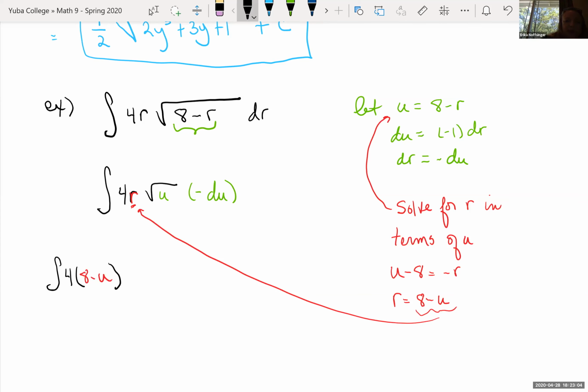Okay, so let's rewrite that square root of u as u to the 1/2 power times negative du. So I don't like that negative with the du, so let's pull that negative out front in front of the 4 maybe. So negative 4, and then this is du.